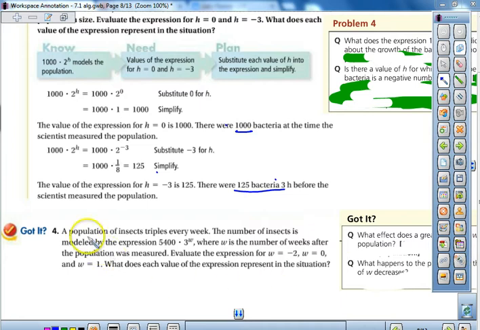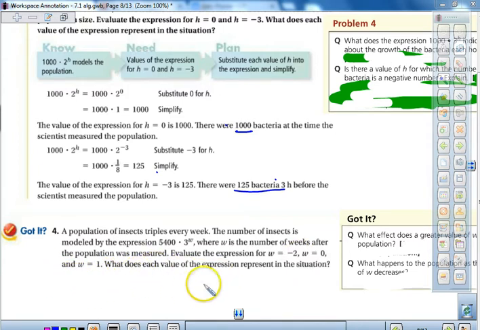As you look at this next part, the population triples every week. The number of insects modeled is 5,400 times 3 to the W, where W happens to be the number of weeks after the population is measured. You're asked to find W of negative 2 and W of 0 and W of 1. It says, what does each of these values represent?